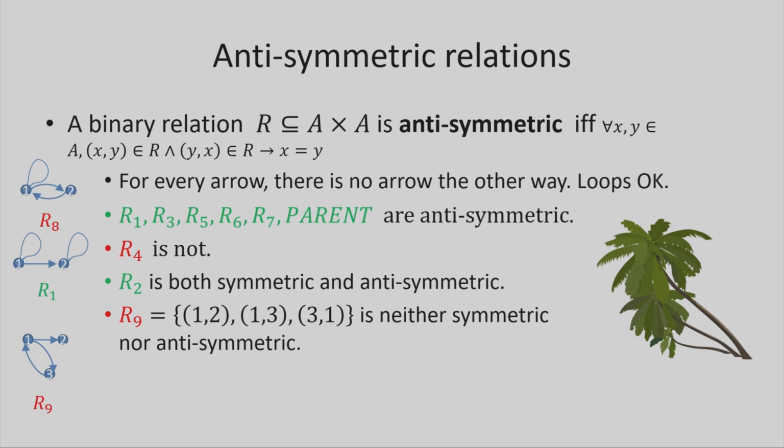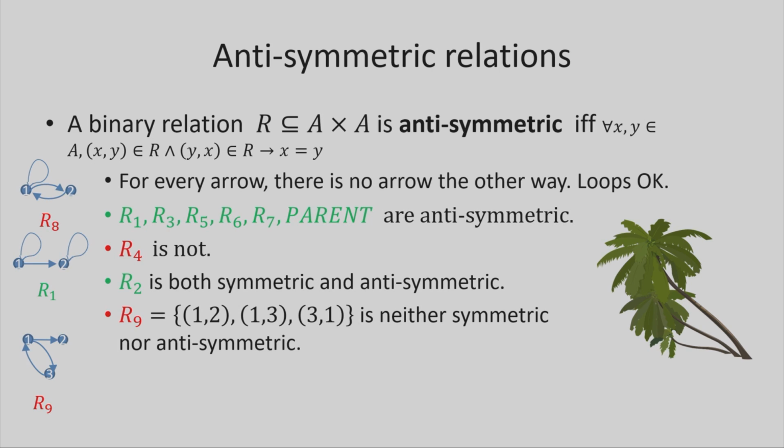Just like we had an anti-reflexive relation, we could have an anti-symmetric relation. And again, we have a universal quantifier here that no matter what x and y we take, if x is related to y, in this case, that means that y is not related to x. It cannot be.